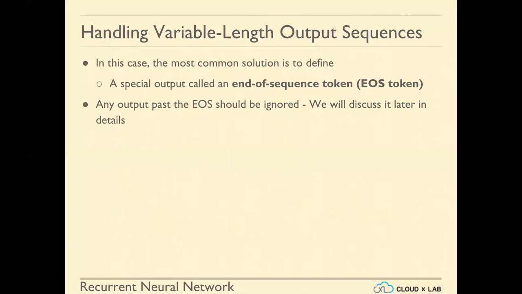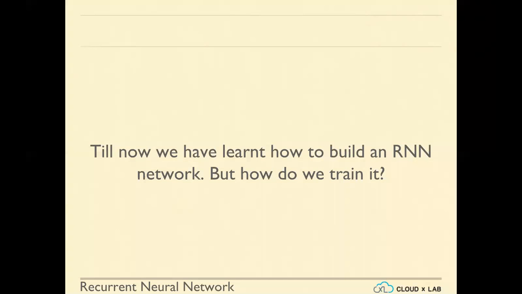All right, so till now we have learned how to compute the values using an RNN. But how do we train it? How do we train the RNN that we have just built? We were able to feed the x0, x1, and we get the output.